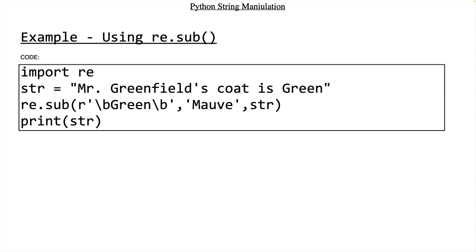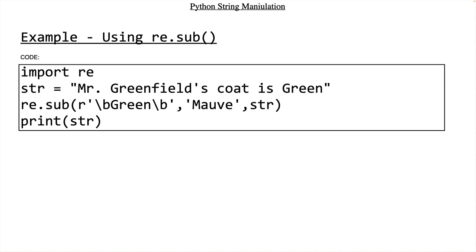The raw string means we don't have to worry about escaping things like backslashes and asterisks and that type of thing. So a lot of times when you use regular expressions, you're going to use that r qualifier on a string to say this is a raw string. So if we have the word green, replace it with mauve, and do that in the string called str. Once that substitution happens, we're going to print out the string.